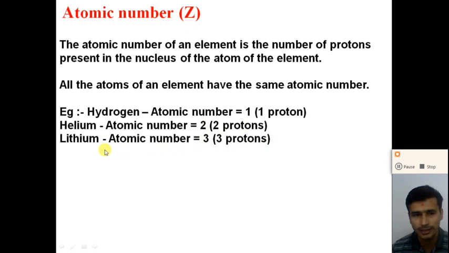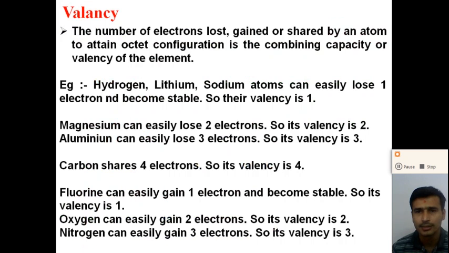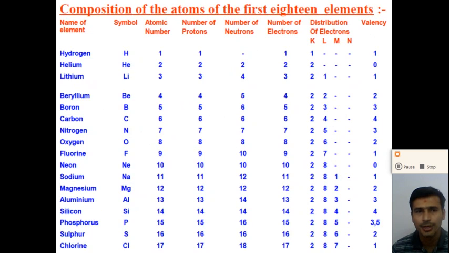The atomic number of lithium is 3, right? So it means it has 3 protons in the atoms of lithium. Similarly, you can understand the atomic number of all the first 18 elements. Let us see the first 18 elements here, right?